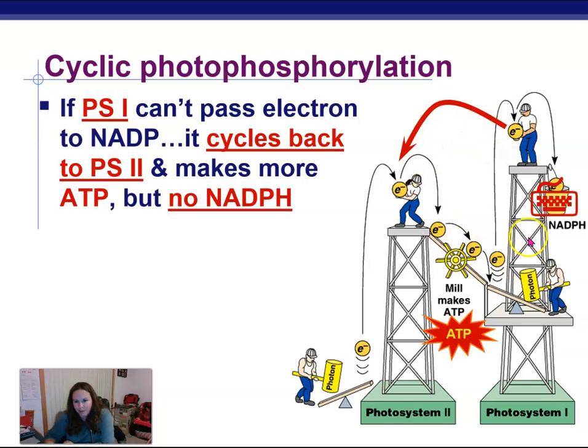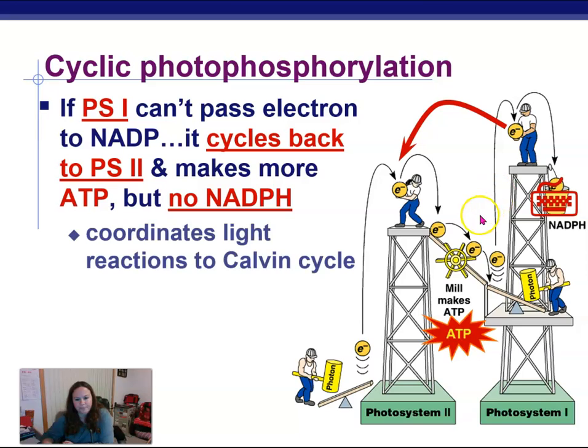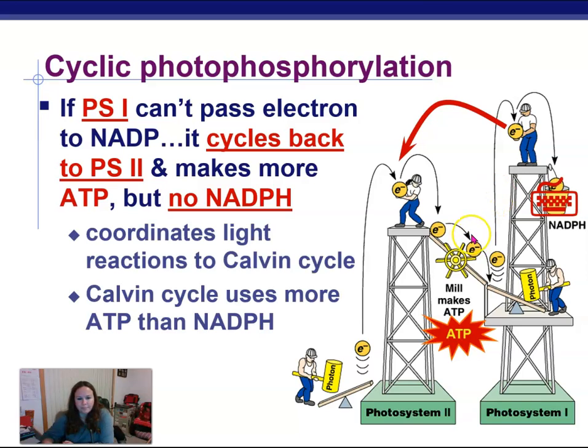Let's do it. So we can pass these back and keep our electron transport chains moving. After all, we do still need to make more ATP anyway, because as you're going to find out, making sugar in the Calvin cycle is actually going to require more ATP, more energy, than it does the H's and electrons.